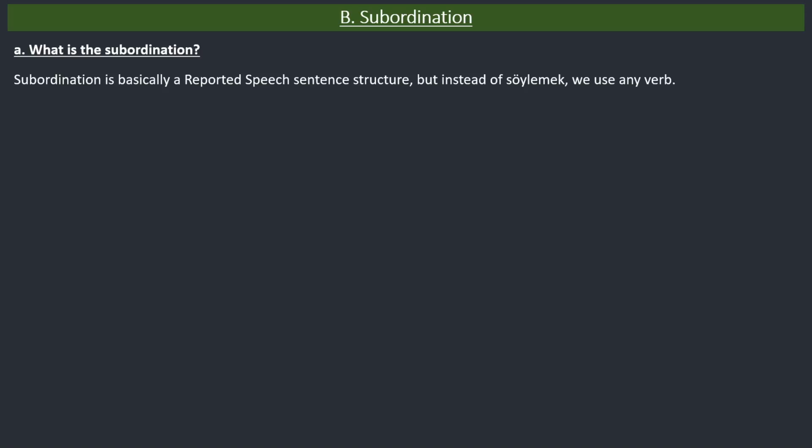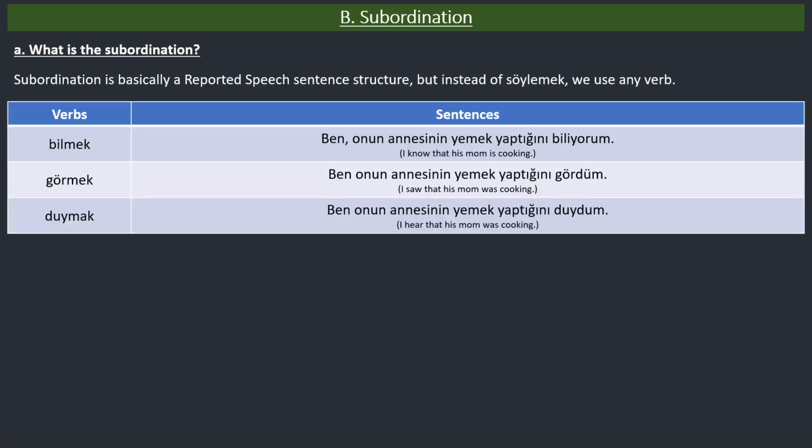You can use any verb with the dık suffix. And here are the examples. Like bilmek, to know, görmek, to see, duymak, to hear.